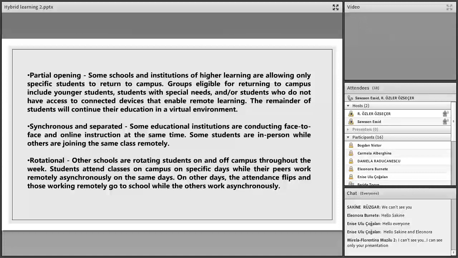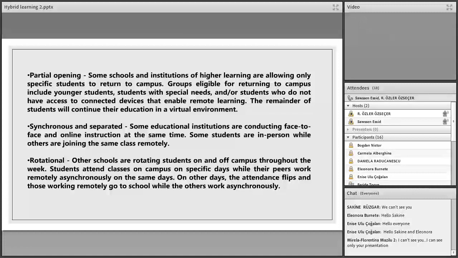The second one is synchronous and separated. This model is based on conducting face-to-face and online instruction at the same time. Some students are in person while others join the same class remotely. This is synchronous and separated. The third model is rotational.